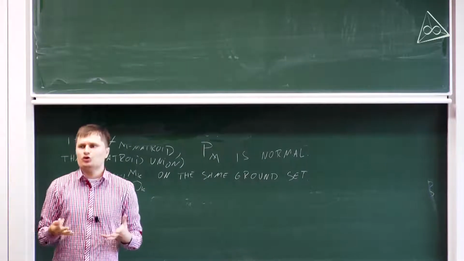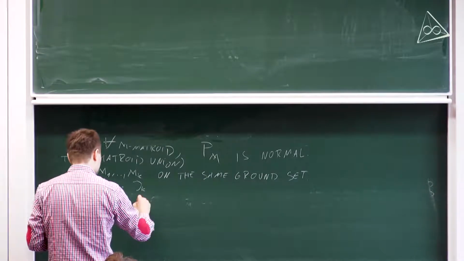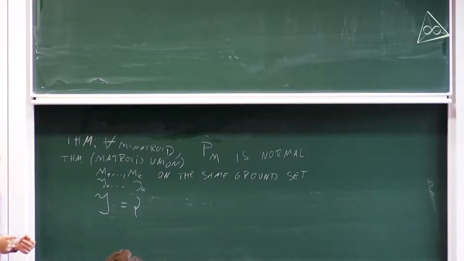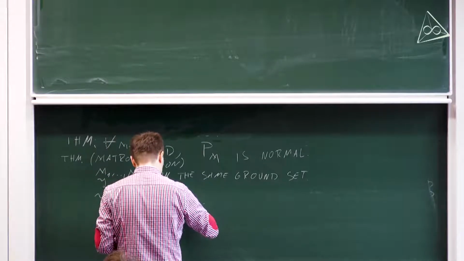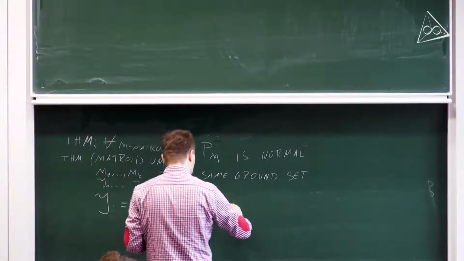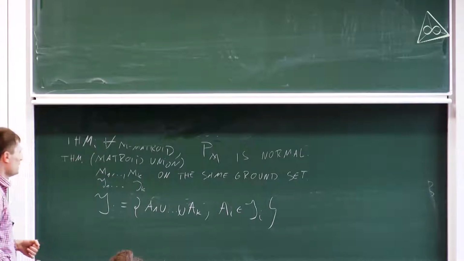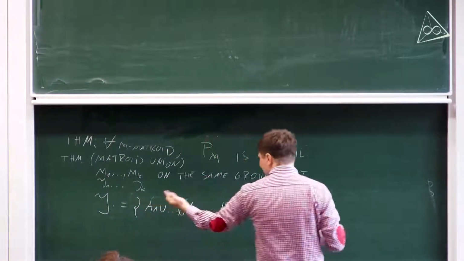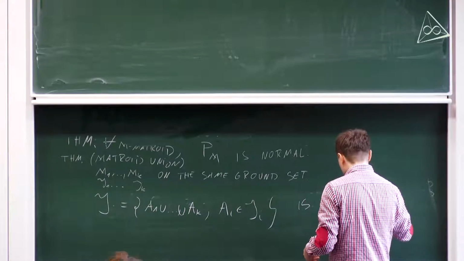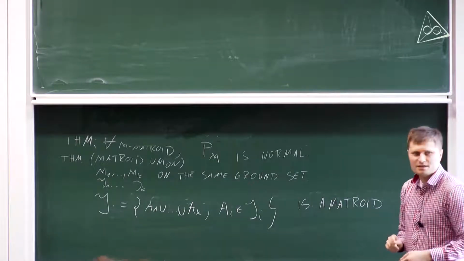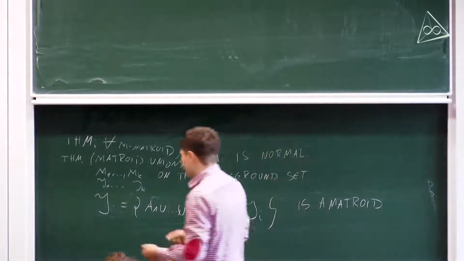How do we define a union of matroids? What will be an independent set in a union? Well, it will be a union of independent sets. The theorem tells us that this is in fact a matroid. And further, the theorem also gives us a formula for the rank.